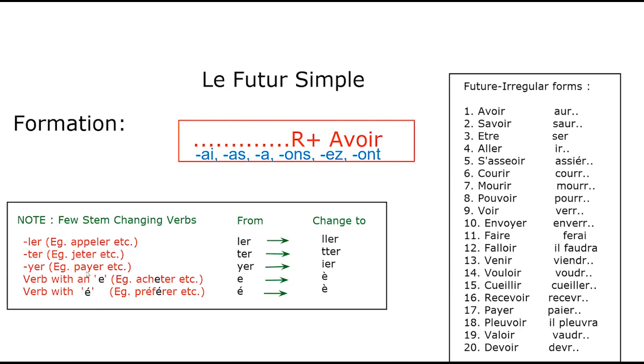Yer ending verbs, for example, payer, will be written as ier in the stem. Verbs with an e, for example, acheter, get an accent grave on e. Verbs with e with accent aigu get grave in formation.